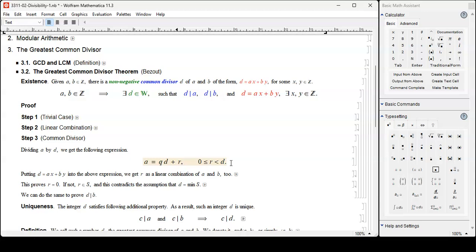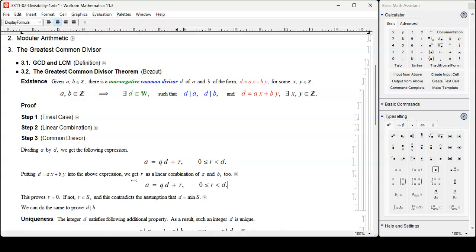Indeed, yes. What we are going to do is, in this expression right here, plug in D as AX plus BY, like this. And then solve for R. We can solve for R. Flip that to the other side. What do you get?